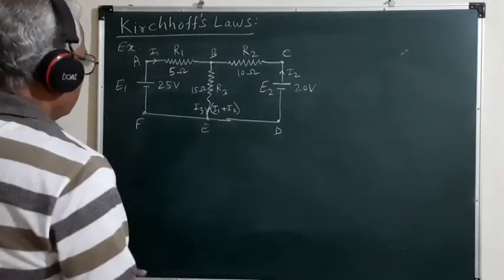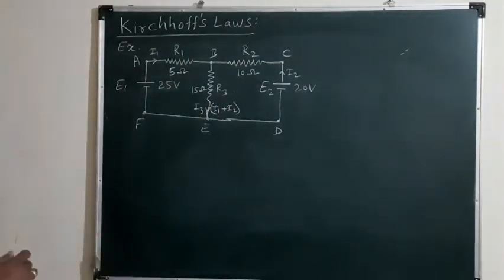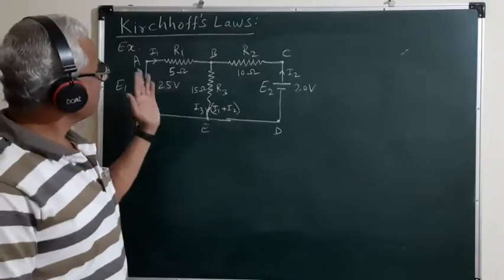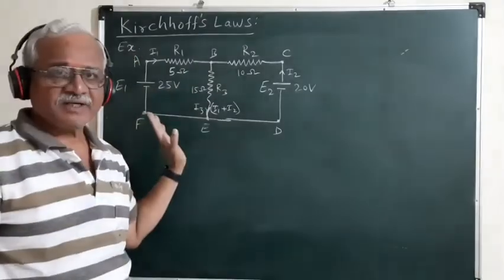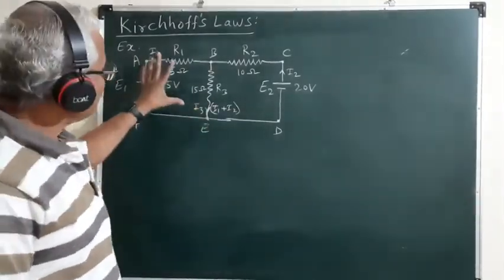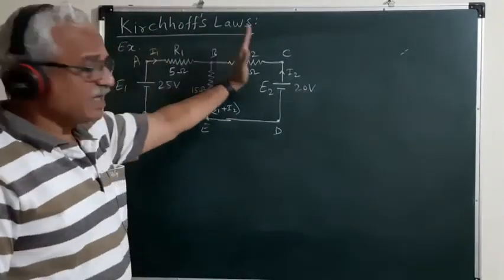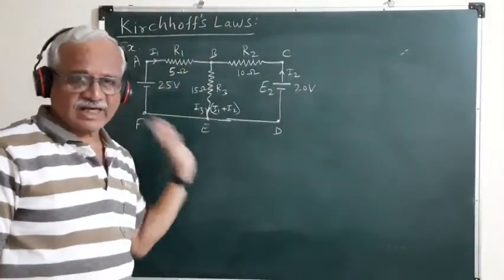We are asked to find the currents I1, I2, I3 and the potential drops across the resistors R1, R2 and R3.